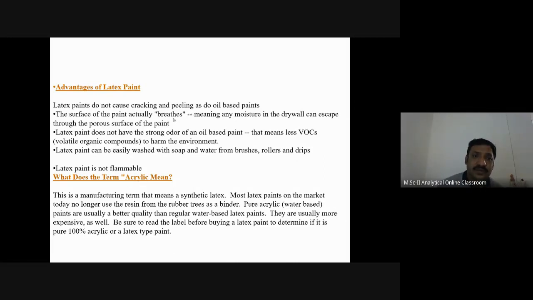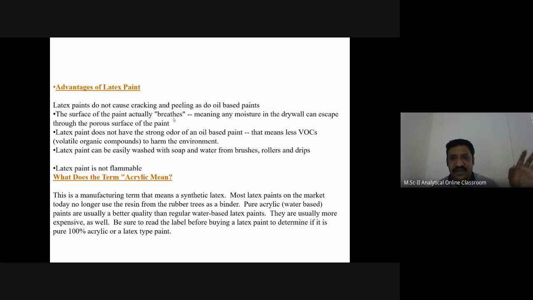But in the case of latex paint, because of the porous nature, such a thing does not happen. That is, the paint actually breathes, meaning any moisture in the dry wall. Suppose you apply the latex paint to the wall, and if it is a dry wall, then what happens?